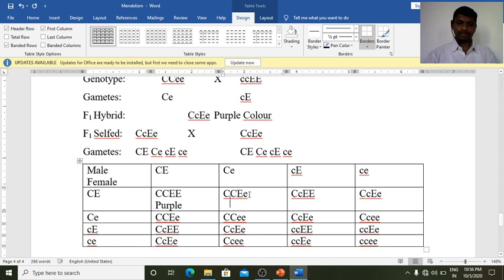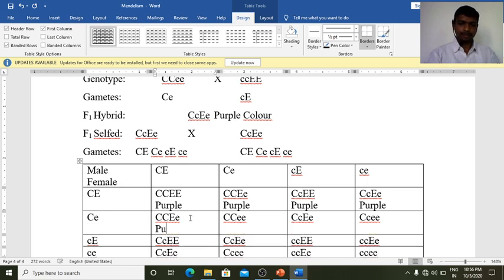Here also the genotype is purple. In this case also it is purple, because both the alleles are dominant.